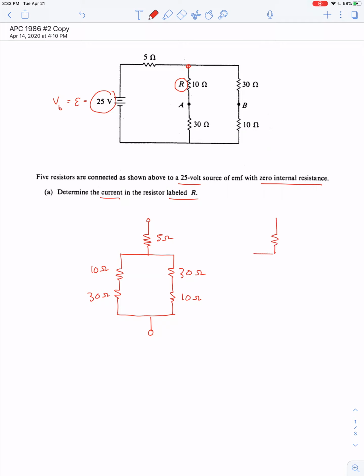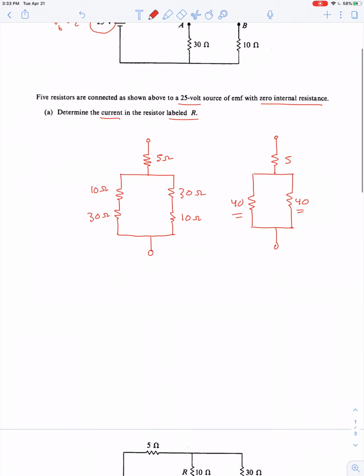Okay, well, I know the rules for series resistors. We just add their resistance together when in series. So I can reduce the circuit to a 5 ohm, a 40 ohm, and a 40 ohm. And now the two 40 ohm resistances are in parallel with each other. So let's number these. Step 1, step 2. Let's reduce it again.